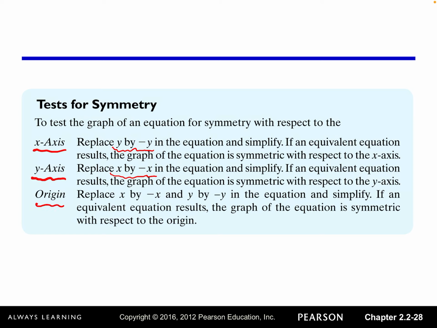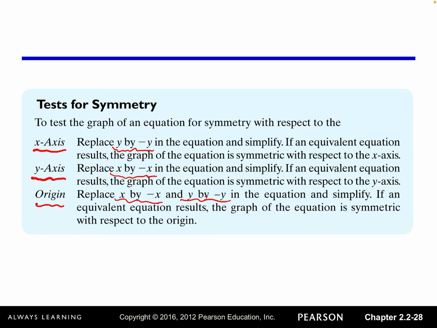For testing the origin, both x and y are replaced by their negatives, and then we plug back into the equation and simplify. If the resulting equation is equivalent, then we say the graph of the equation is symmetric with respect to the origin.